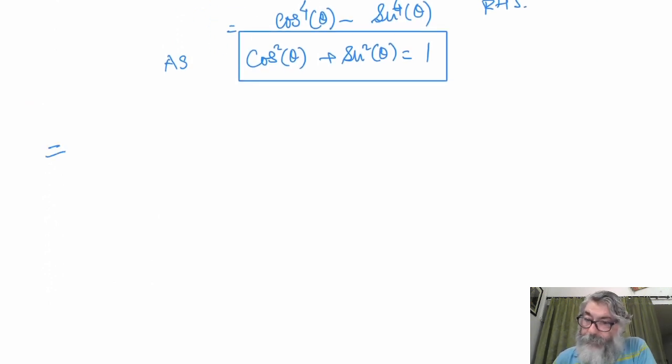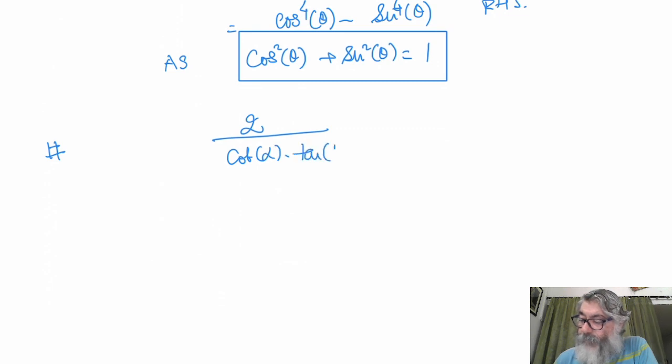It says 2 upon cot alpha tan 2 alpha is equal to 1 minus tan square alpha.